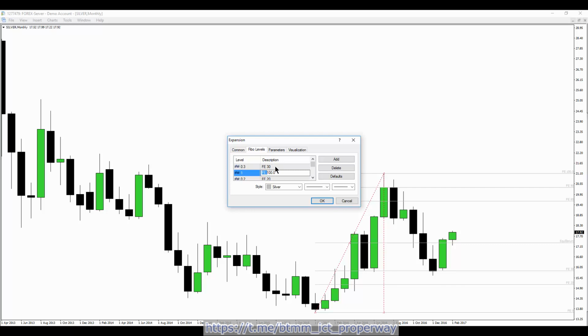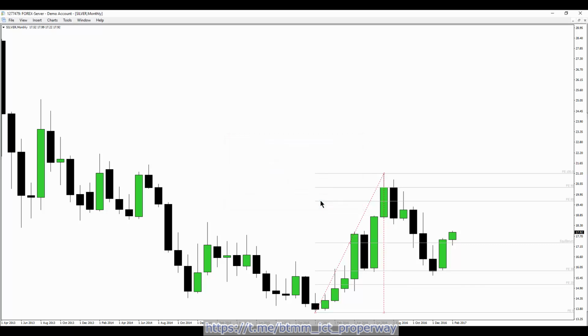Okay, you just double click on the area if you want to make any changes, change it to whatever you want to classify it. 0.20, 0.80, 0.90, 0, and then 0.5, which is equilibrium. And if you ever want to just add a level, you're going to click on that, type in the numbers I just gave you, and type in over here what you want to use as your descriptor, and then OK, and there you go.